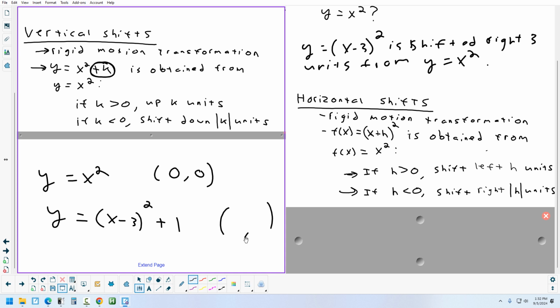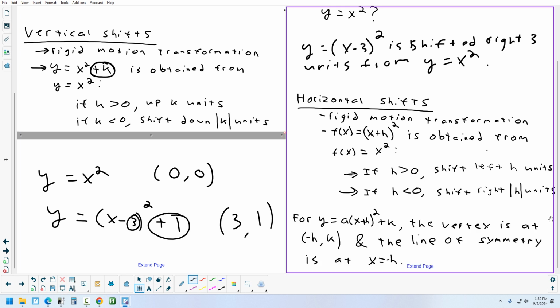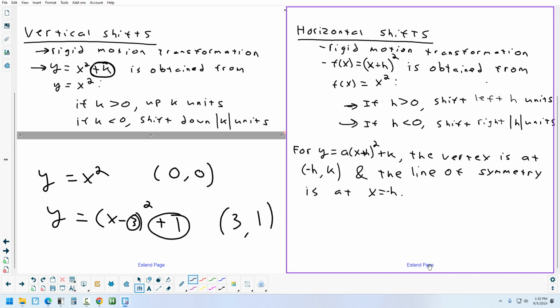If you had a point at the origin and it went right 3 and up 1, where would it be after you did that? 3, 1. So these two numbers, the one after the minus sign and the one at the end, give you the coordinates of the vertex. That's how you find the vertex. So let me write that down.